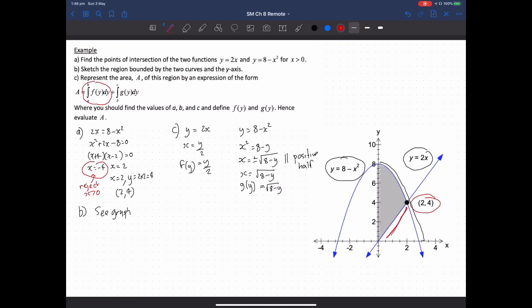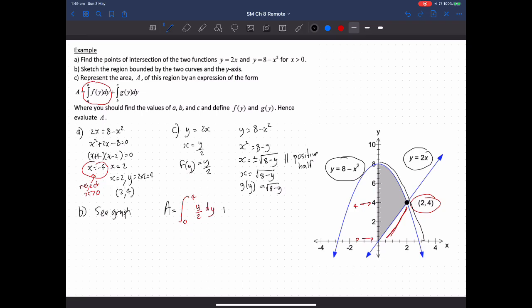I'm doing this in terms of y, so I'm going from y equals 0 to y equals 4. So my area is equal to the integral from 0 to 4 of f(y), which I called y on 2, dy.